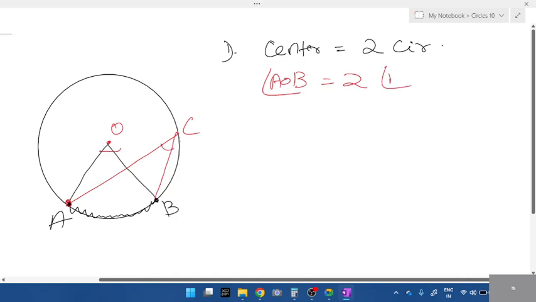Okay, angle ACB. Just observe the starting point and ending point, these two. Fine. Next.